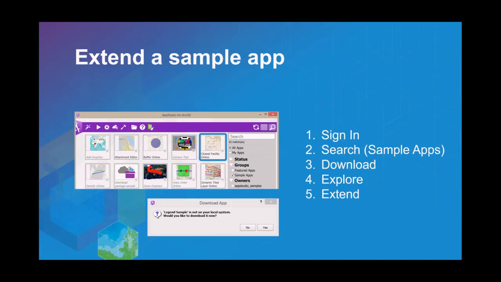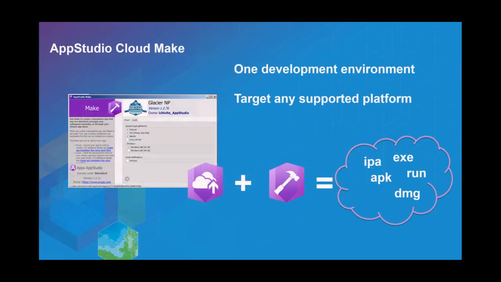And if you sign in, you can search from a growing list of samples, and we've seen people take a sample, and we can tell sometimes, oh, okay, they took those 3 samples and combined them together and made it their own and turned it into an app. So we have lots of samples out there and a growing list, and you still have access from the desktop development to that cloud make system in the cloud.